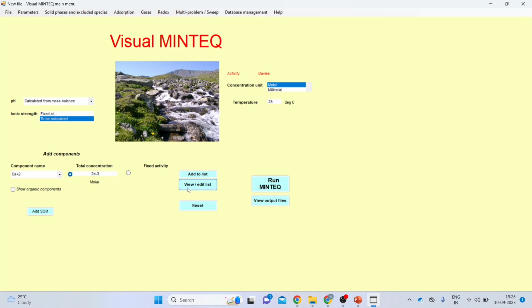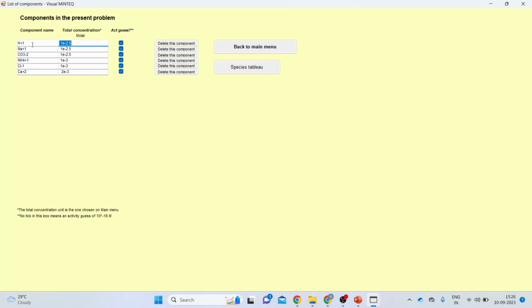Also we are going to edit the concentration of H plus, because earlier it was 10 raised to the power minus 2.5. Now it has changed to 8.38 into 10 raised to the power minus 4.